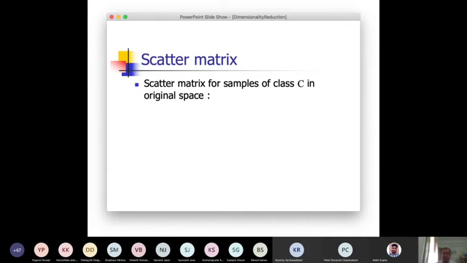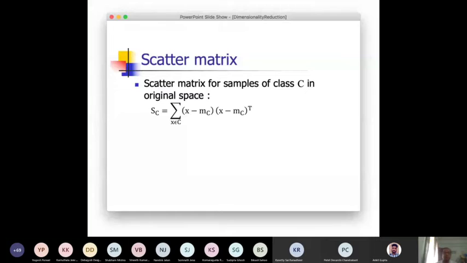For a multidimensional input representation, you have to define scatters in terms of covariances, which means the interrelationship between the corresponding dimensions has to be considered.